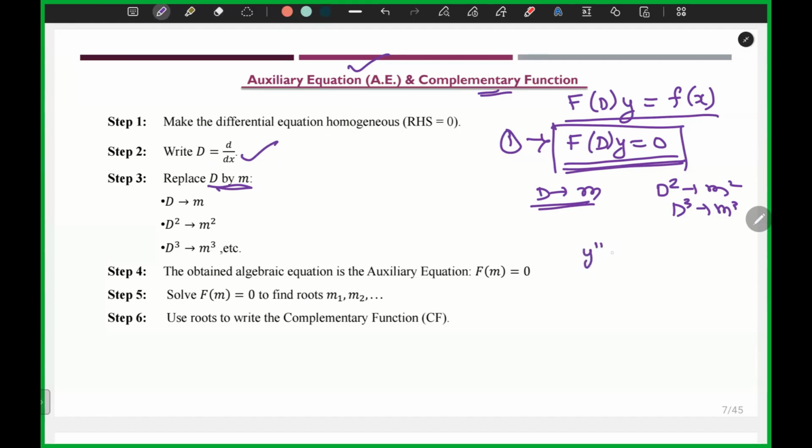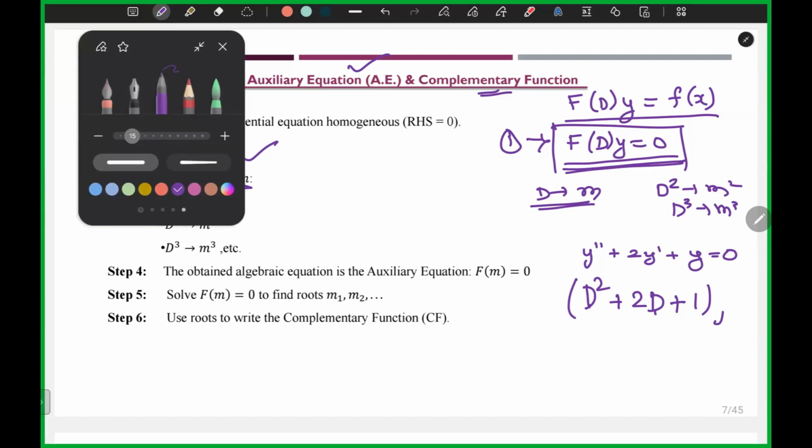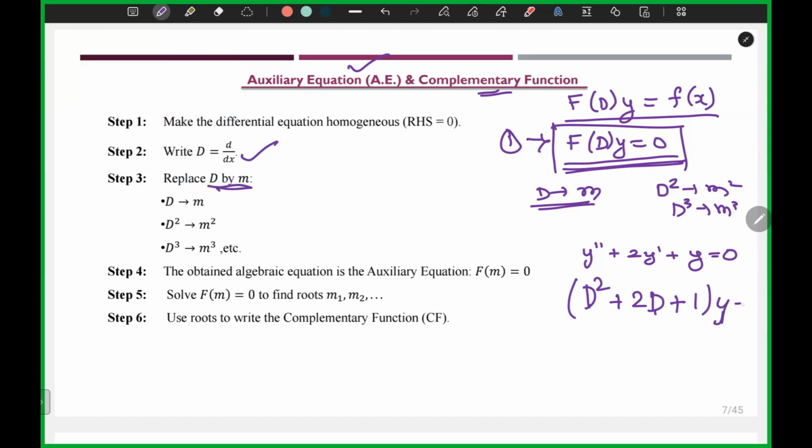For example, we have y double dash plus 2y dash plus y equals 0. What we do is write it as D square plus 2D plus 1 into y equals 0.